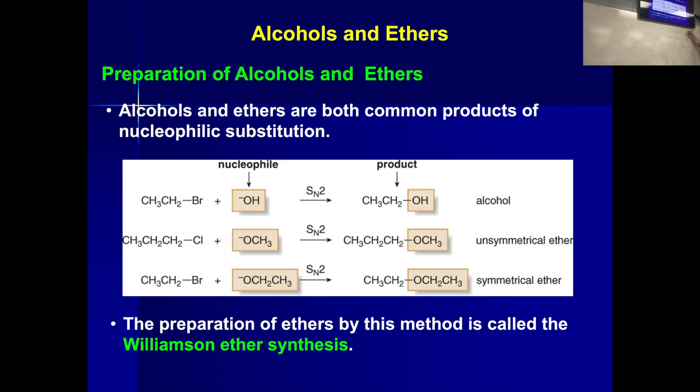How would I push the arrows? Where would I start? The hydroxide, right? And I'm going to draw an arrow to where? I'm going to draw to the carbon from the back side, right? And I'm going to break that carbon-bromine bond.